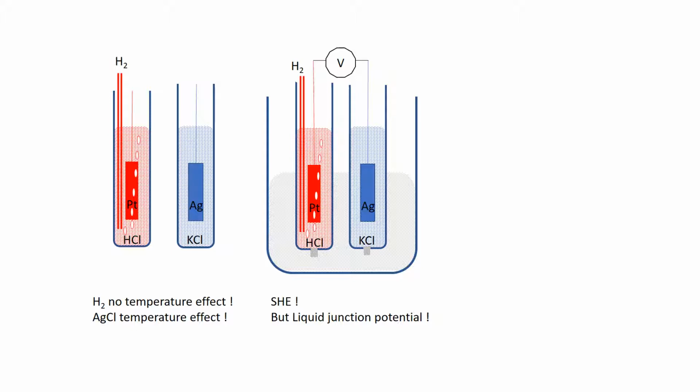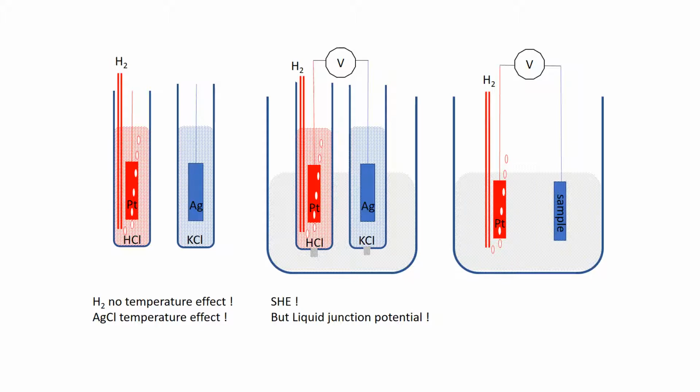So in fact you could now observe the values given in literature, but be careful because we still have the liquid junction potential at the bottom side of the electrodes at the diaphragm. This liquid junction potential depends very much on the mobility and concentration of the ions in the solution.